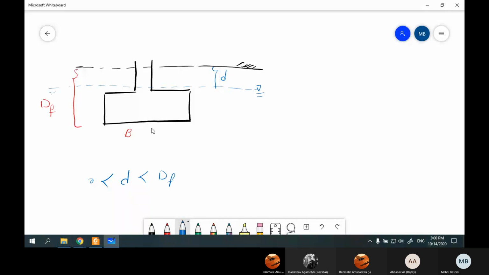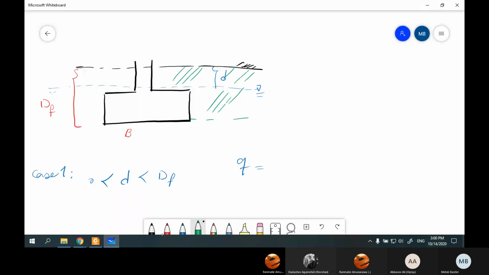As I said, the q term and gamma term are affected by this water level, in this case, case 1. What is q? This part plus this part.